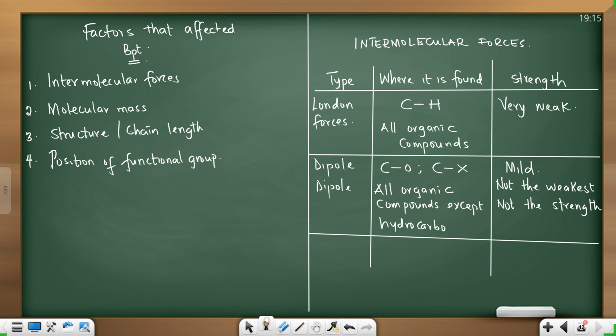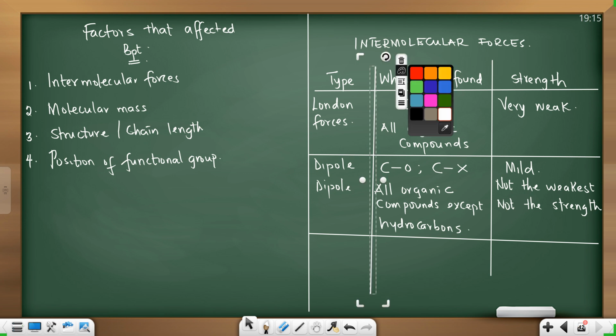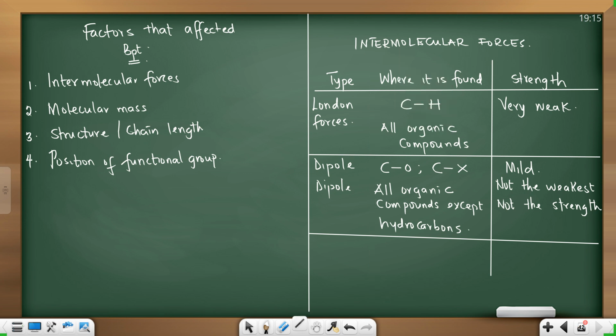I don't know if it makes sense. Remember, your hydrocarbons contain hydrogen and carbon only. So once I say all organic compounds except hydrocarbons.